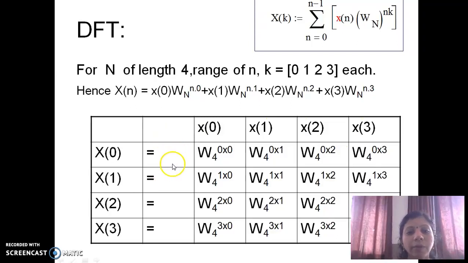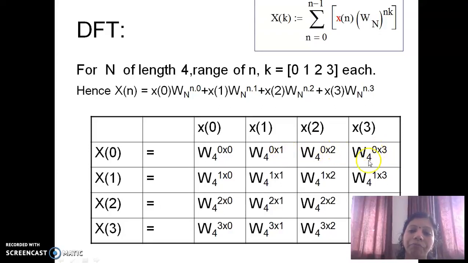Here n is 0, 1, 2 and 3. For n equal to 0, we have W4 raised to 0. Here k is 1 but n is 0, so W4 raised to 1 into 0 is W4 raised to 0. Like this we have all these values for this column as W4 raised to 0, and this row again W4 raised to 0, because it is multiplied by 1, 2 and 3 by the 0.